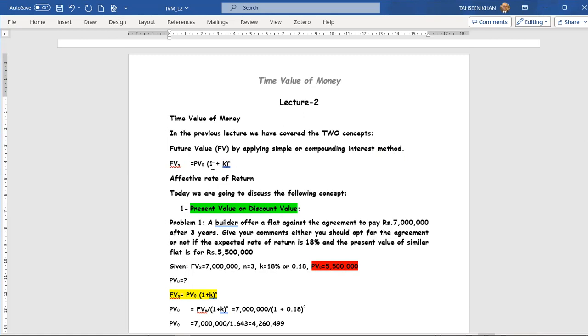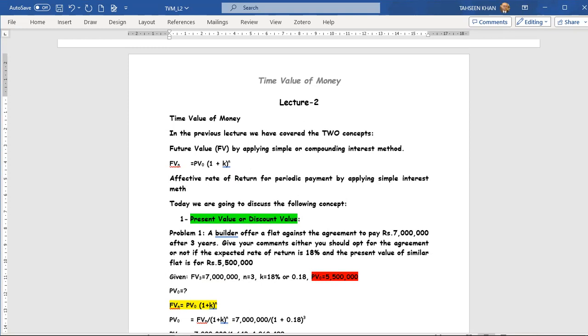Thereafter, we also calculated the effective rate of return for periodic payments by applying the simple interest method.